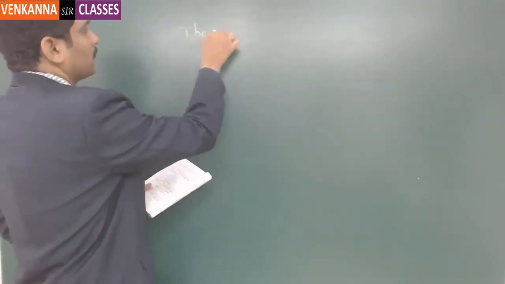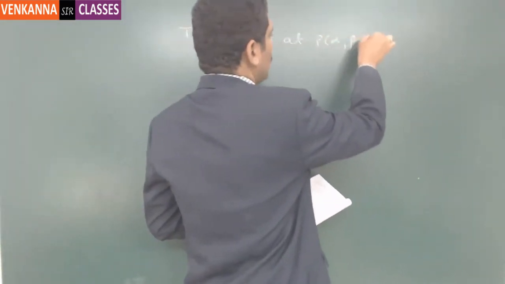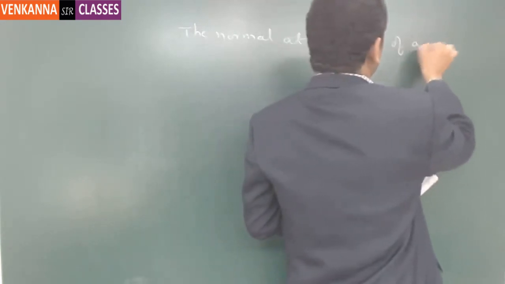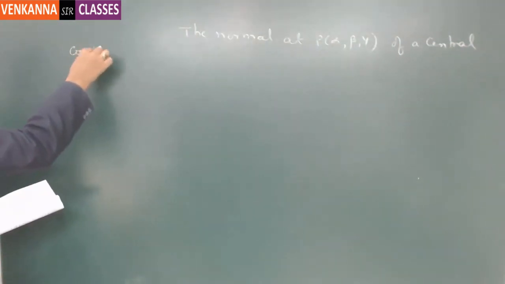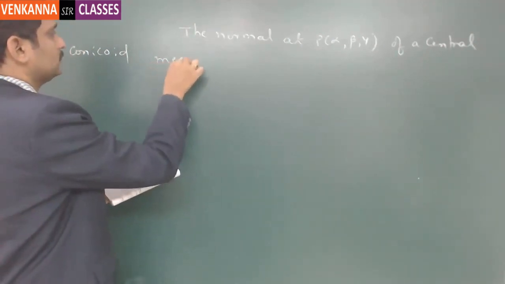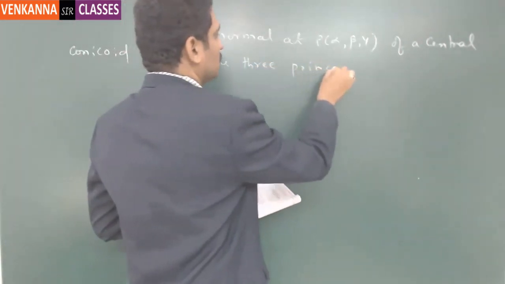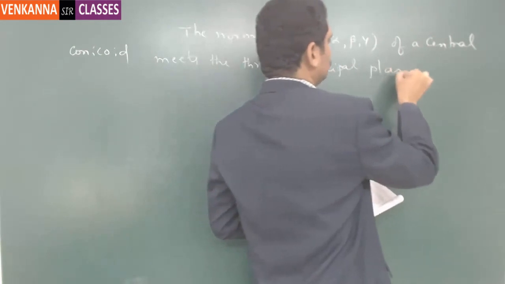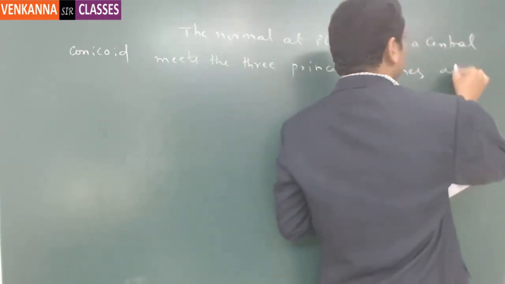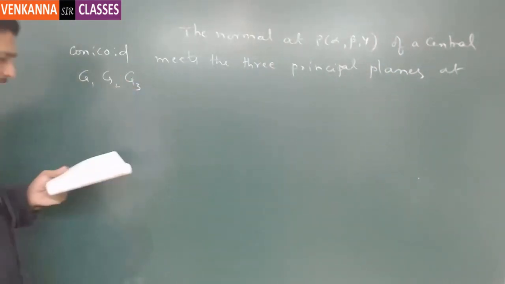So let us take the first problem. The normal at P(alpha, beta, gamma) of a central conicoid meets the three principal planes at G1, G2, G3.